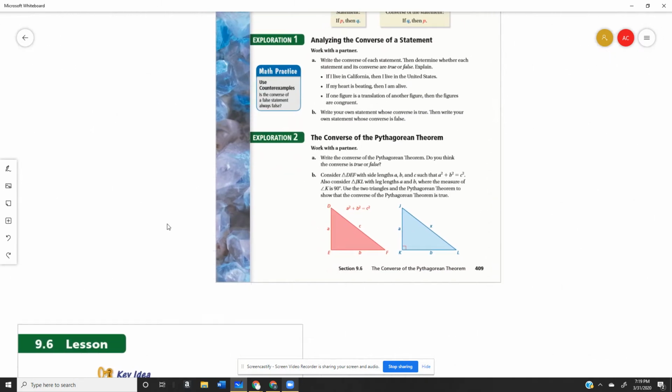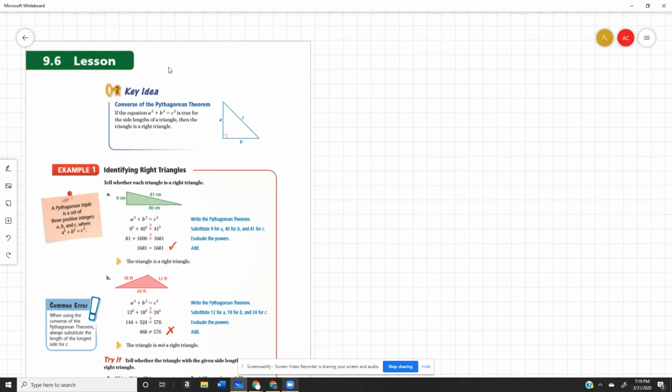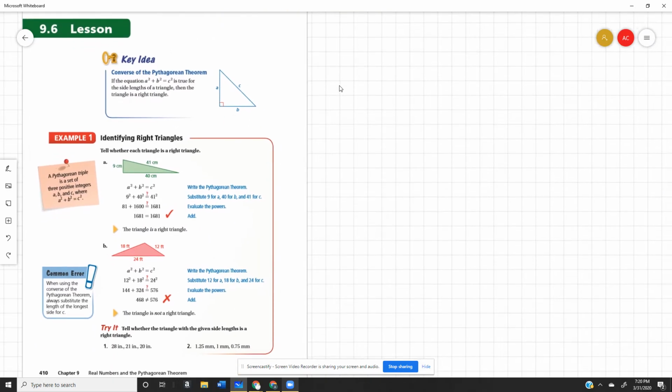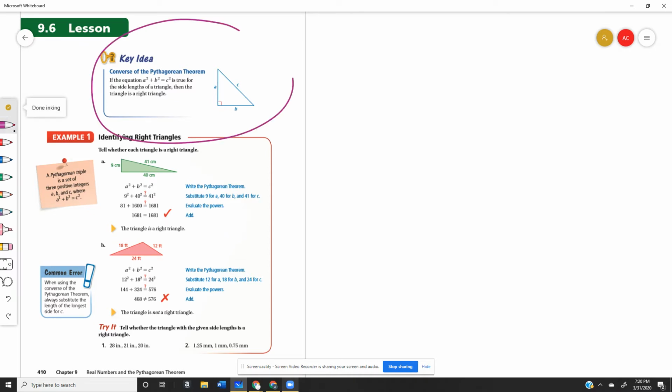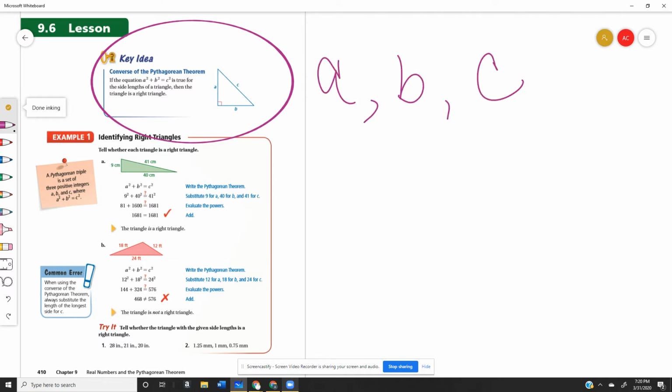Okay, let's go ahead and start right here with the key idea. So the converse of the Pythagorean theorem basically states that if a squared plus b squared equals c squared, then you have a right triangle. So they're going to give you the side lengths for a, b, and c, and you have to plug those in to the Pythagorean theorem.